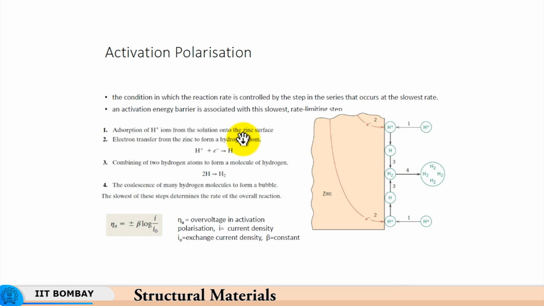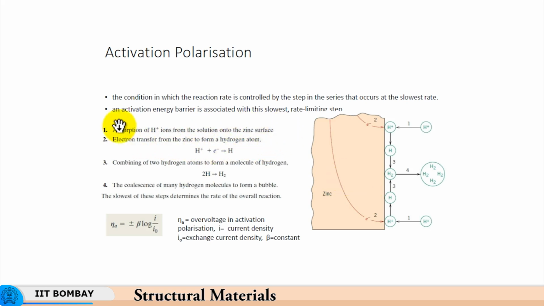Now, what we need to see is which among these 4 steps controls the rate of the reaction. So, depending upon which process is the slowest, adsorption or maybe combination or coalescence, which is the one that slows down the reaction.